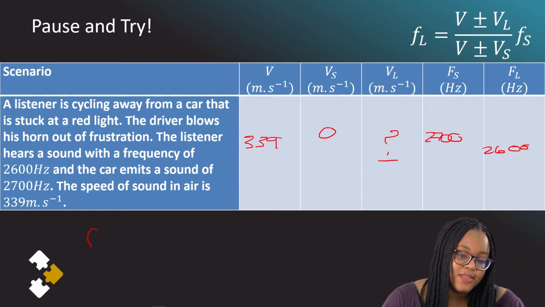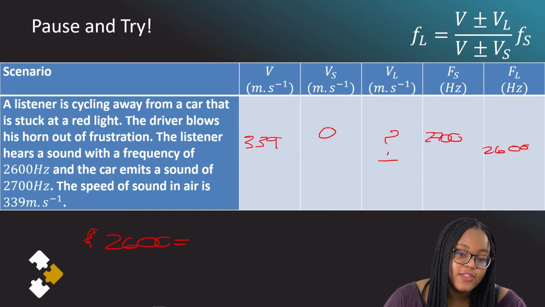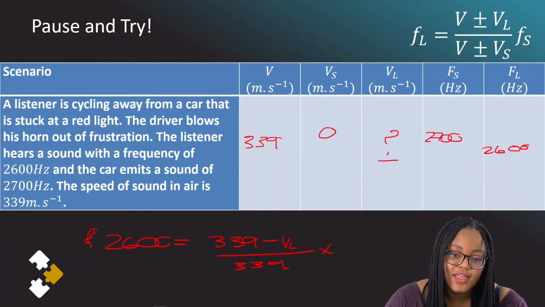The frequency experienced by the listener is going to be 2,600. That is going to be equal to V, which is 339, minus VL over V, 339, multiplied by Fs, 2,700.